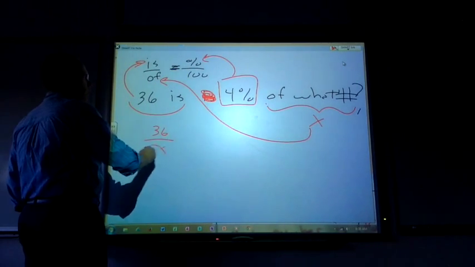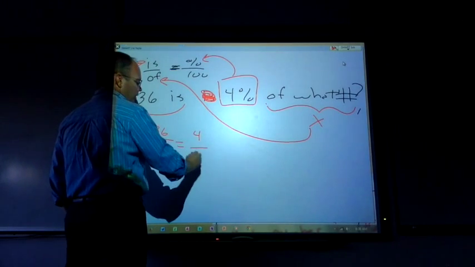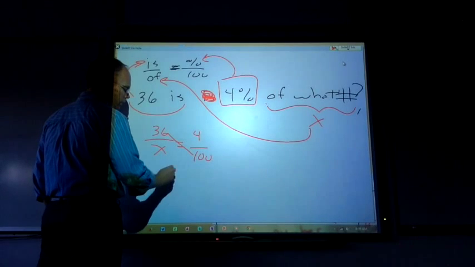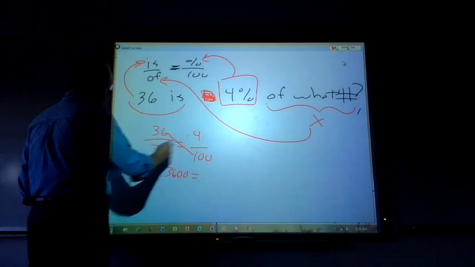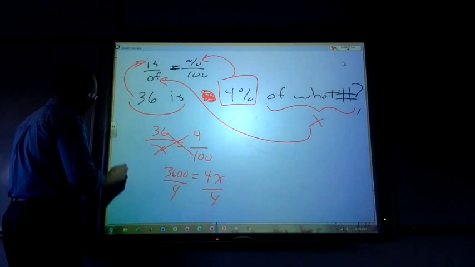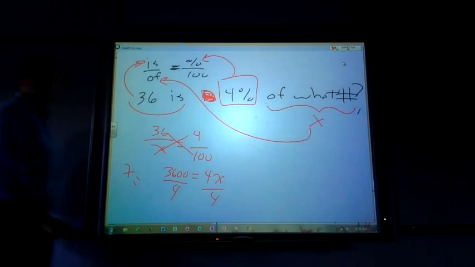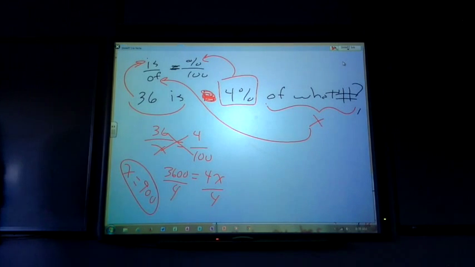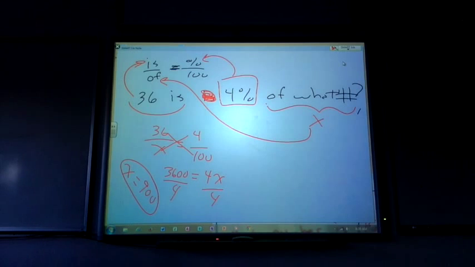36 over x equals 4 over 100. Cross multiplication. 36 times 100 is 3,600. 4 times x is 4x. Divide each side by 4. x equals 900. So 36 is 4% of 900.